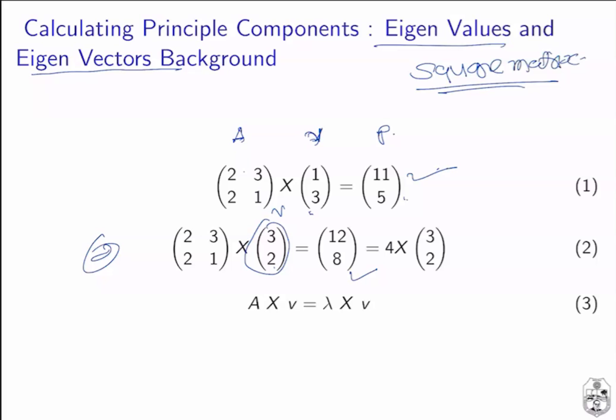And now this 12 8 can be represented as a scalar, 4, times the vector. This 4 is the scalar, this is not a vector, and this is the vector. If you can represent the product like this, a scalar multiple times the vector, then that is called the eigenvalue and the eigenvector. So now here the 4 is the eigenvalue and 3 2 is the eigenvector.